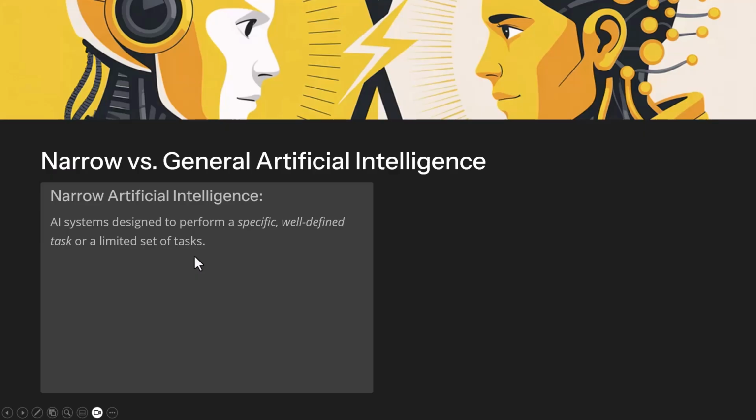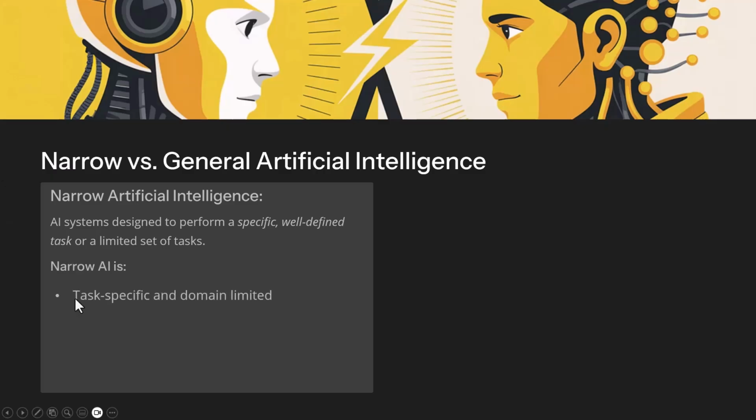So it can't really do everything, like a human is generally intelligent. We can do many different types of things, and things that we learn in one area, we can apply to a different area. Narrow artificial intelligence is generally very, very good at one thing and probably can't do anything at all related to other things, right?